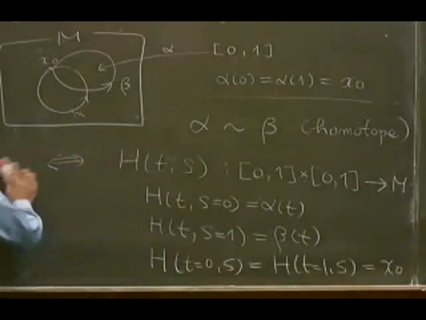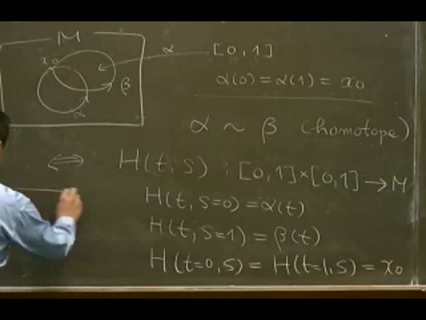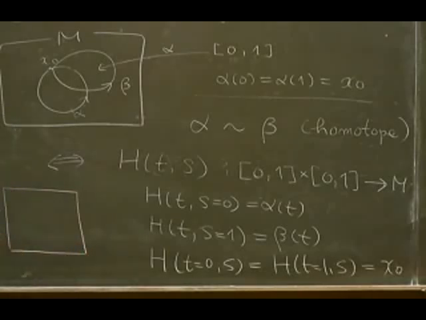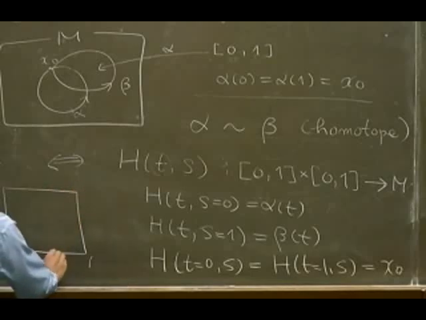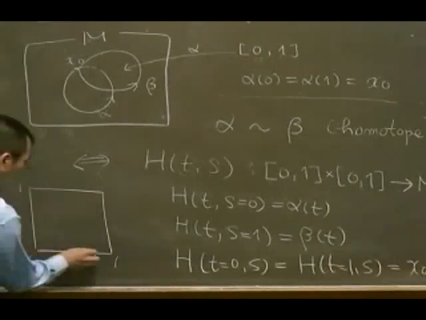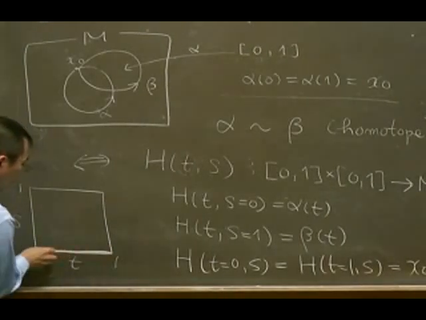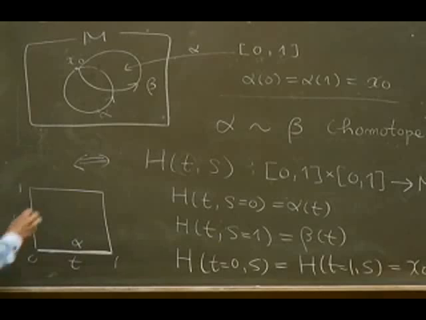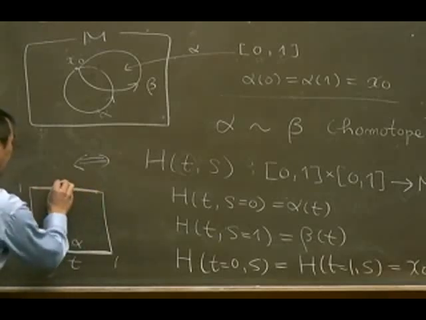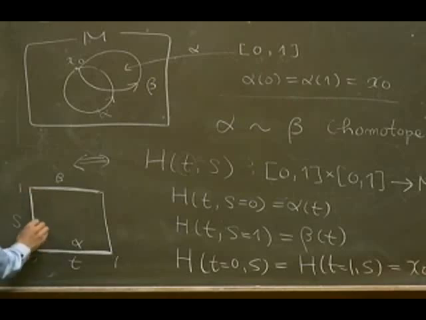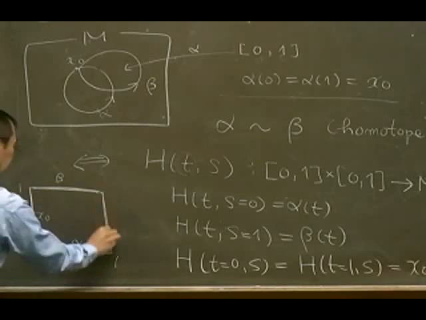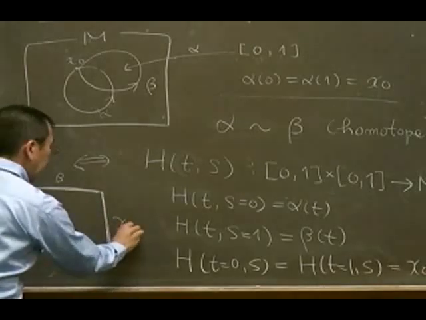So you can draw this kind of rectangular diagram. This is 0, 1, and say this is t, and this is s, for example. Over here you have a map alpha. Over here you have a map beta. And this endpoint is mapped to x naught, and this endpoint is mapped to x naught.